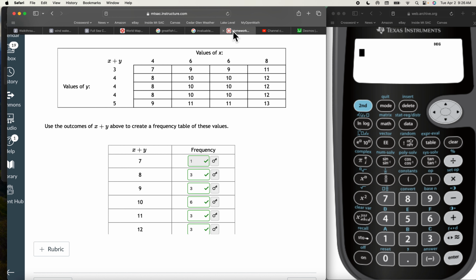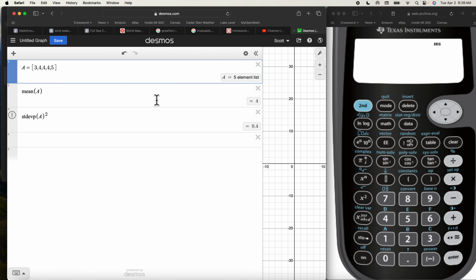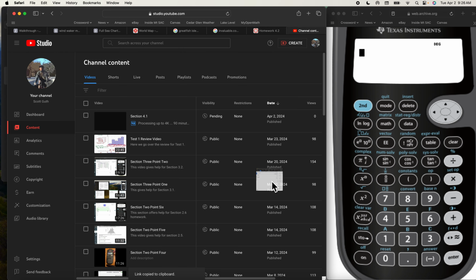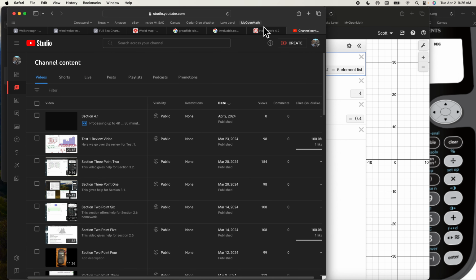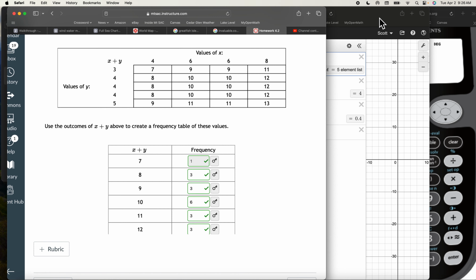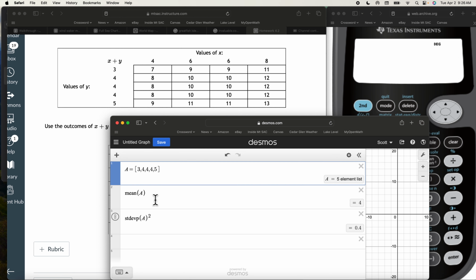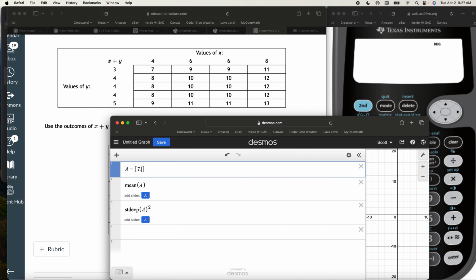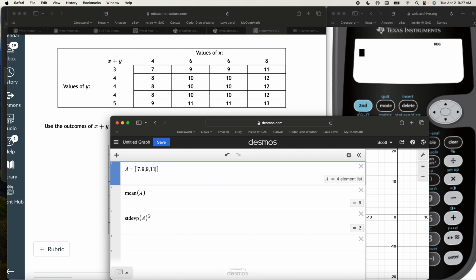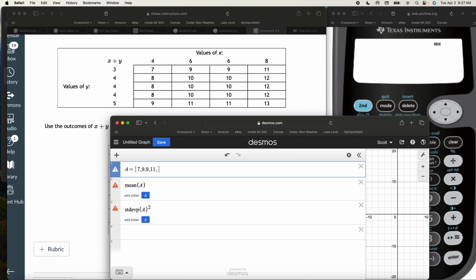So real quickly, I am going to pull out my Desmos page and split it away from the other so I can see it all. Okay, so here's the homework. Here's Desmos. I'm going to make it kind of smallish. And then I'll delete these values I had and type in what I've got, 7, 9, 9, 11. Then 8, 10, 10, 12.